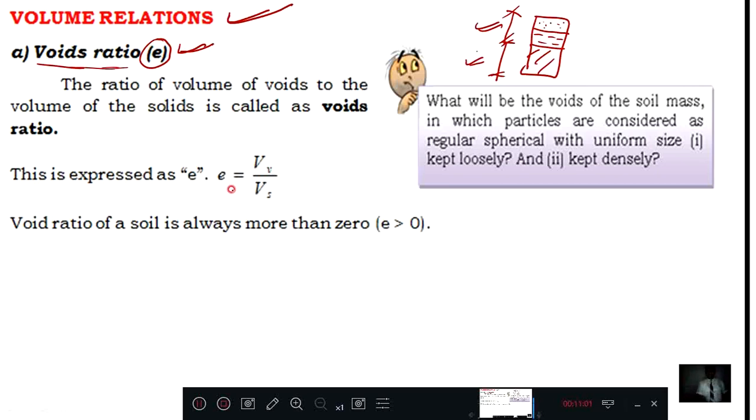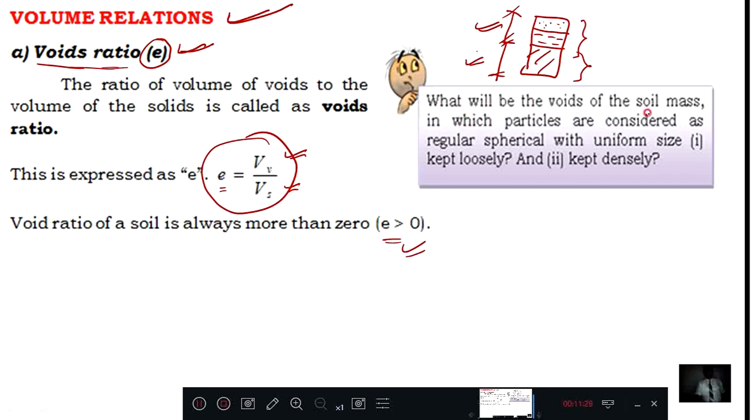That you can call it e is defined as Vv divided by Vs. This is a ratio, and the void ratio of the soil is always more than 0, because we are comparing how much voids are there in particular solids. Here one task is given, you can work it out.